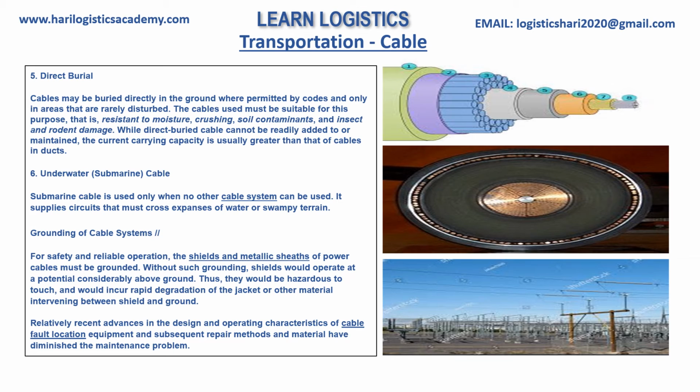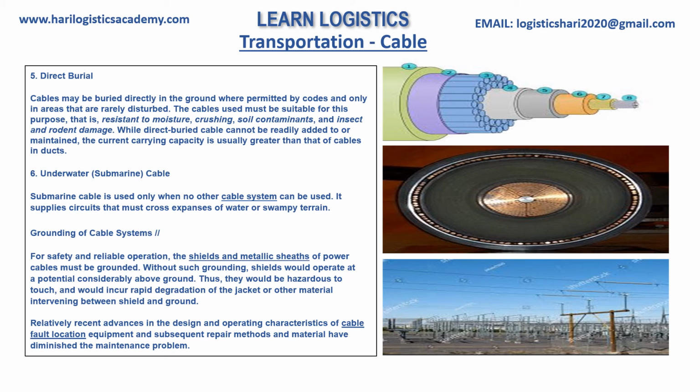Grounding of cable system. For safety and reliable operation, the shields and metallic sheets of power cables must be grounded. Without such grounding, shields would operate at a potential considerably above ground.